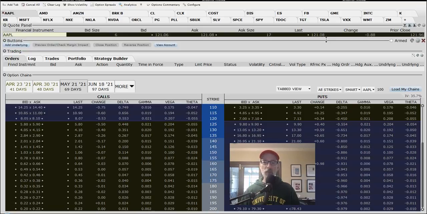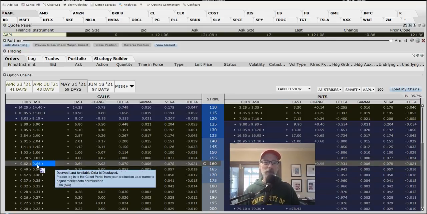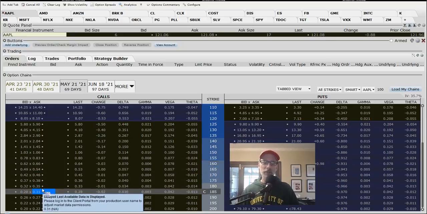In this case, you can control those same 100 shares for only $64. Think about that. That's why people love buying option contracts, because it costs so little.